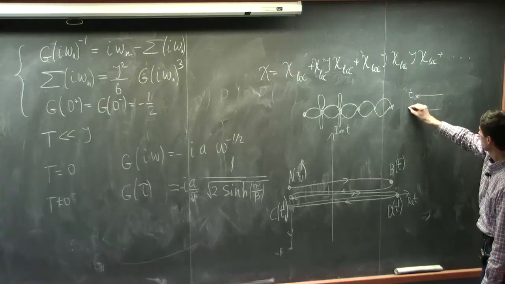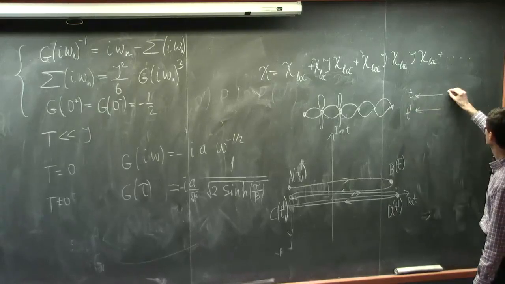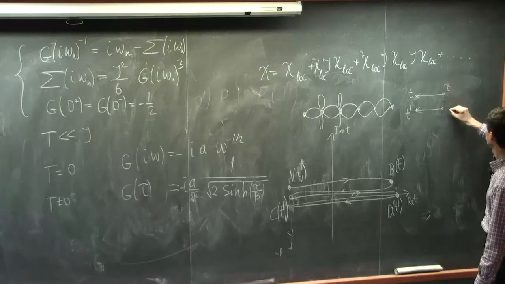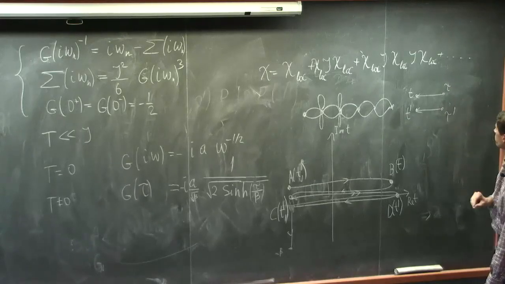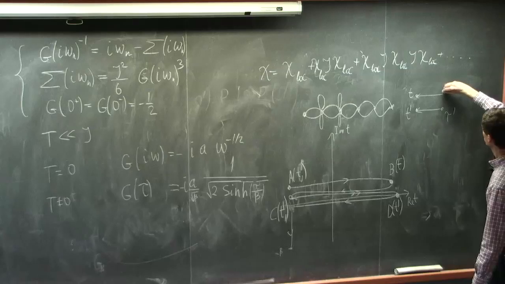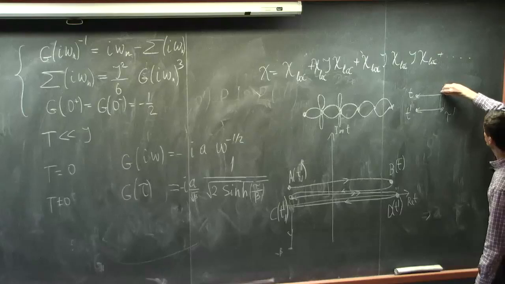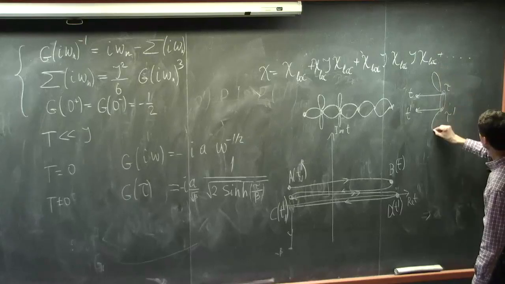It's t prime. For this, let me use tau prime, and there is some interaction going on here, and this interaction involves 2 loops.